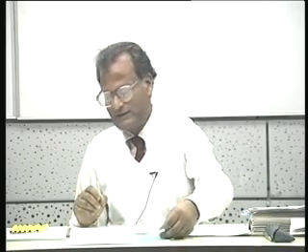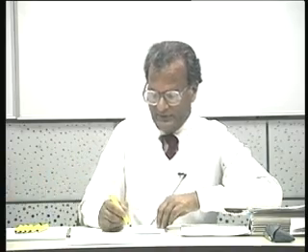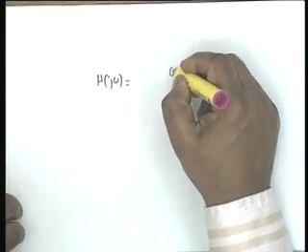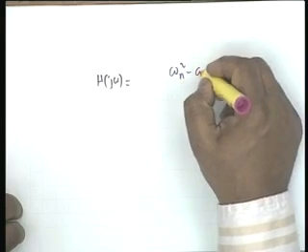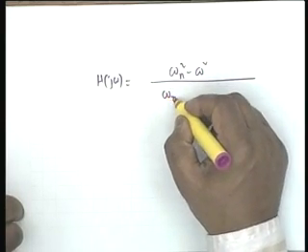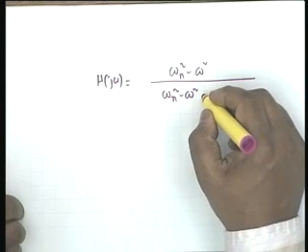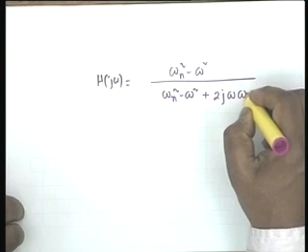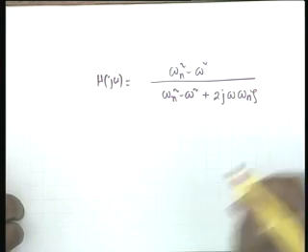We don't care whether the slope exists or not. Okay, maxima and minima. It is in that sense that I use this term. Now let's look at the phase. I have omega n squared minus omega squared, divided by omega n squared minus omega squared plus 2j omega n zeta omega.